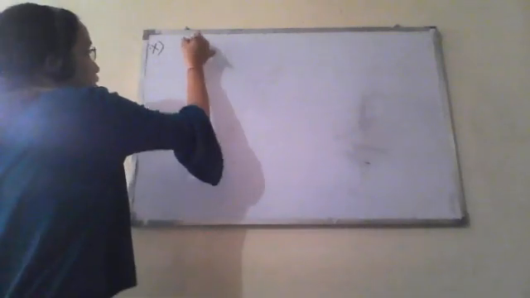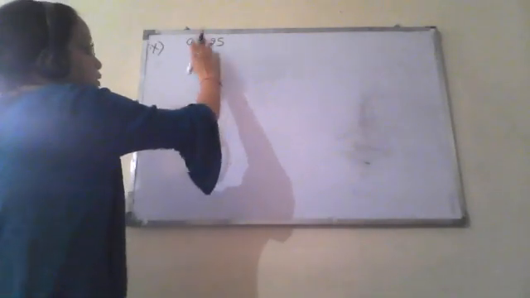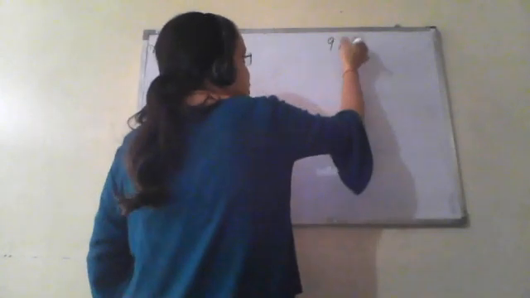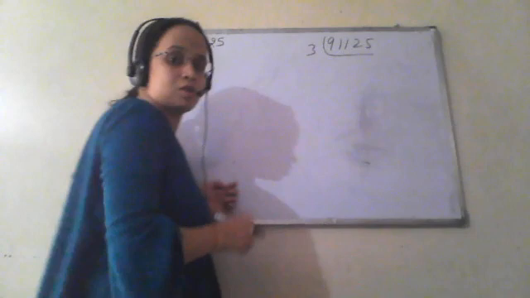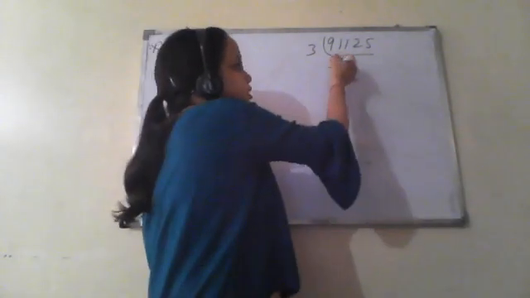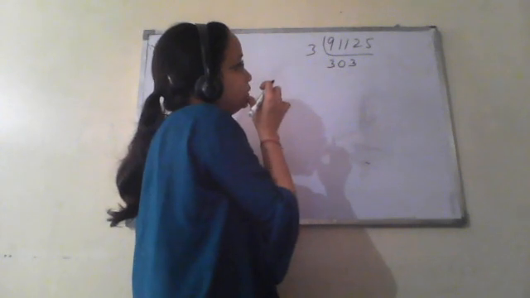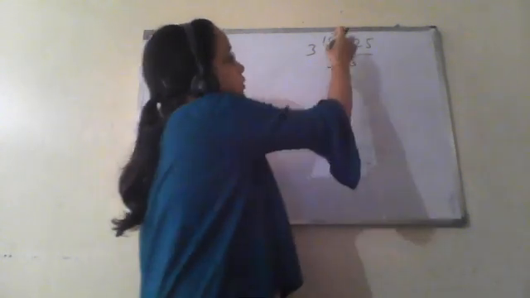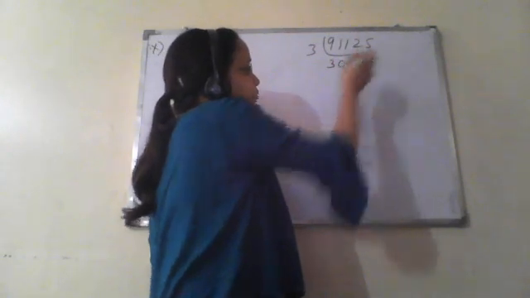10th part is 91125. So it will be 91125. So we'll start with 3 because it is an odd number. We cannot start with 2. So this is 30375.